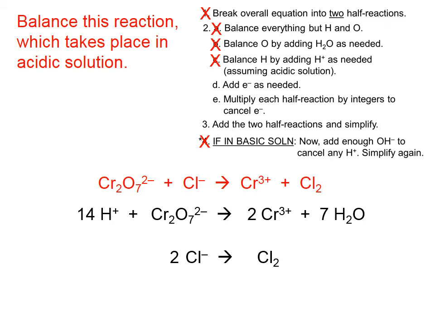Now for 2d, we're going to add electrons as needed. For this first half reaction, let's count up the charge on each side of our yield arrow. We've got 14 positives and 2 negatives. That's a total of 12 positive. On the product side, we have 6 positive and then nothing here.